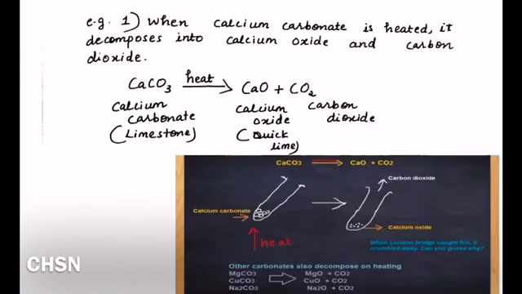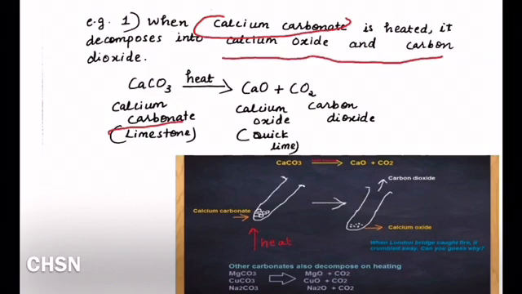First example we have: when calcium carbonate is heated, it decomposes into calcium oxide and carbon dioxide. So here the reactant is calcium carbonate. It undergoes decomposition and forms two products: calcium oxide and carbon dioxide.